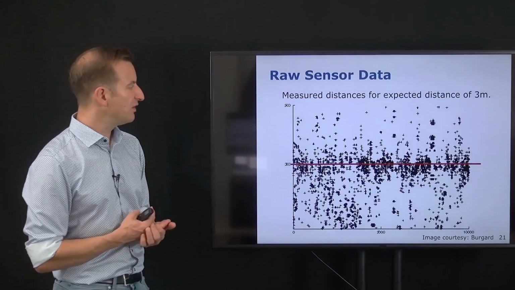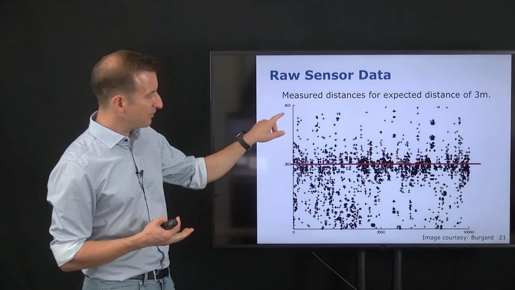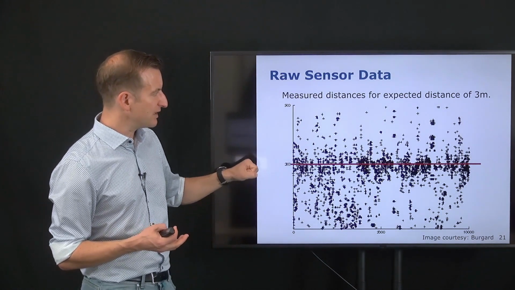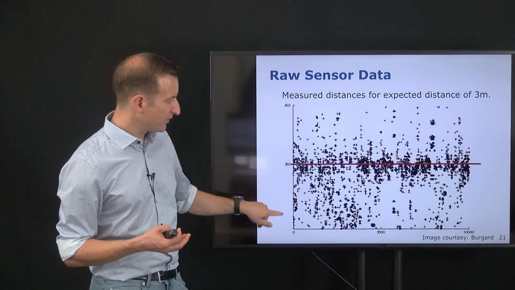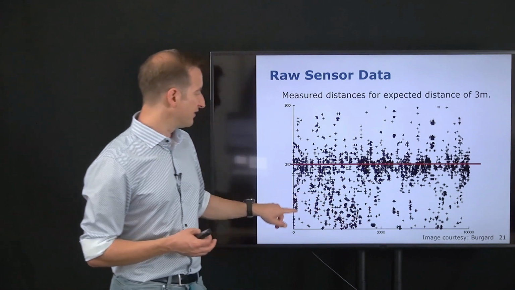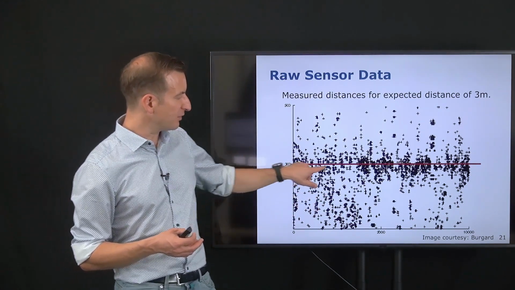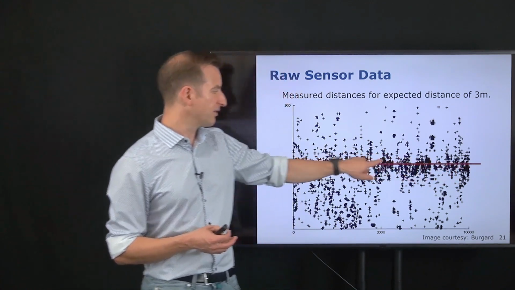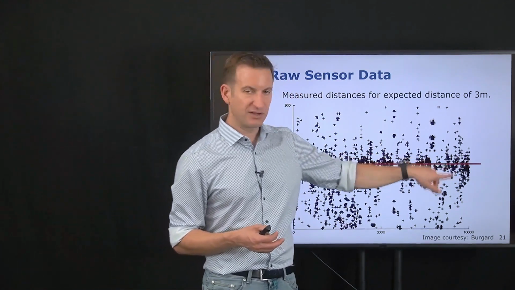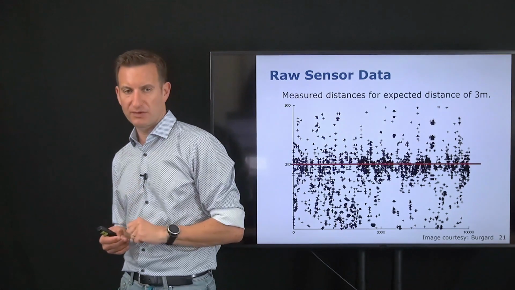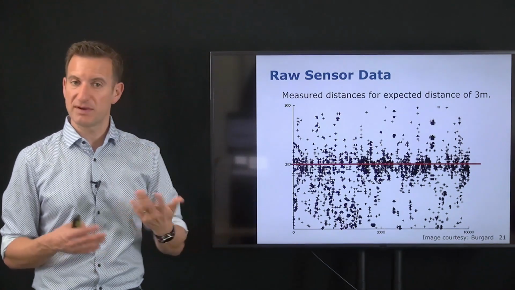So what you see here is a time series of a single range reading. This is the time index, and this is the measured range, and this is a distance of 3 meters over here. This is where my expected obstacle is. So I put a sensor 3 meters in front of the wall, took those measurements and recorded them.